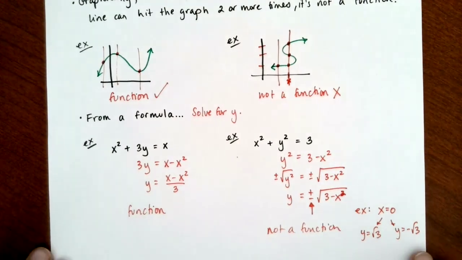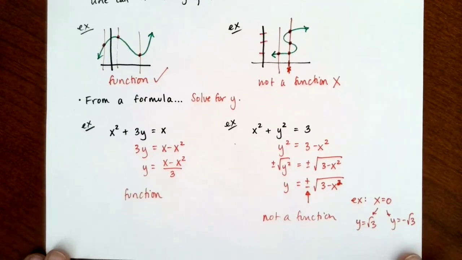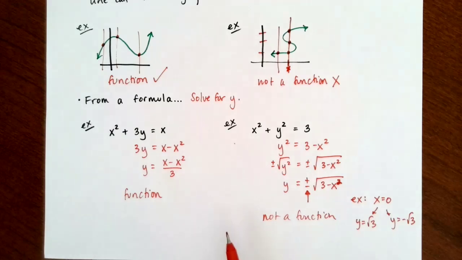Okay, so the big takeaways between these 2 examples is anytime you solve for y and a plus or minus pops out like this, which would happen anytime you're undoing a y squared, that's going to give you, at least for some x values, 2 different y's as outputs for a single x. If you just get y equals like a normal looking formula of x, it probably is a function and you don't want to overthink it.